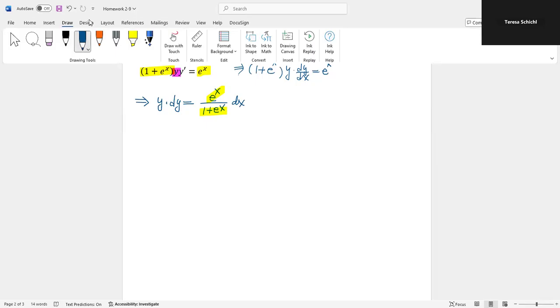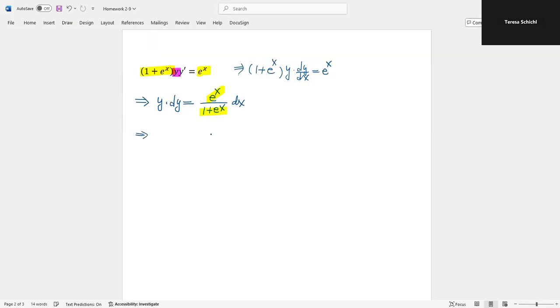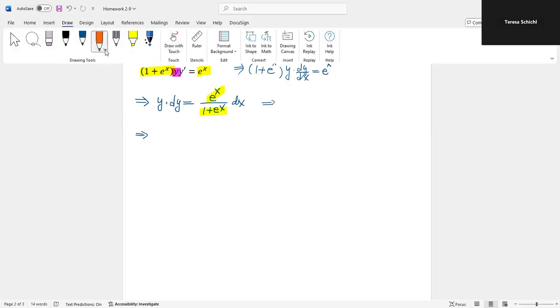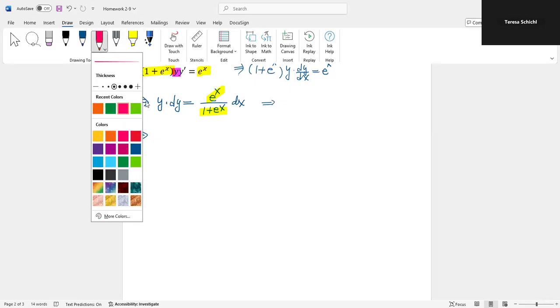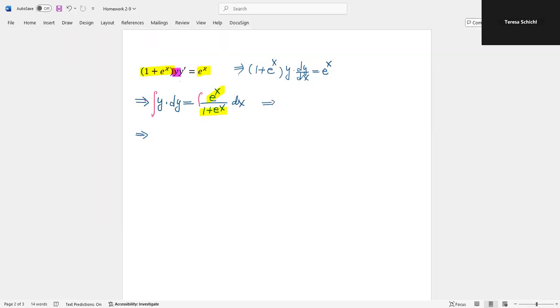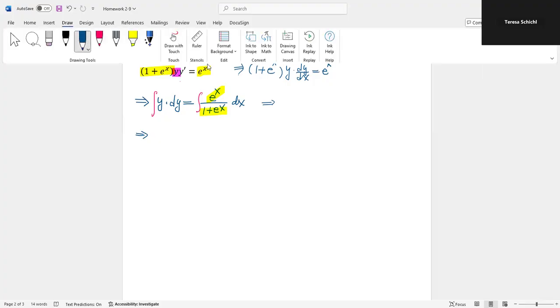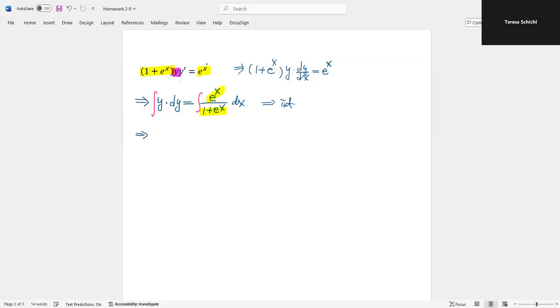So what do I need to do now? Now I will just integrate both sides here, right? So I integrate both sides, just like we always did after you separate. Okay, so integrate both sides.